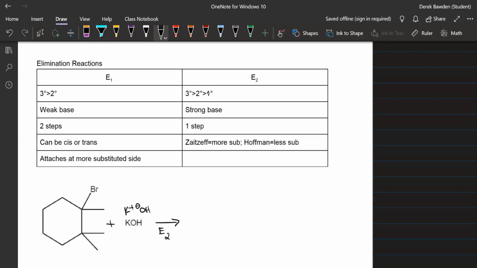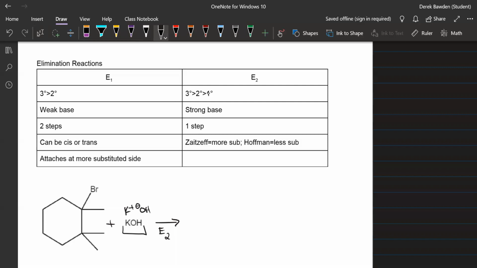So now we need to look at, is this a bulky or a small base? Kind of the trick here is to say if there's more than 4 carbons, okay, then you know that it's going to be a bulky base. 4 or more, okay?